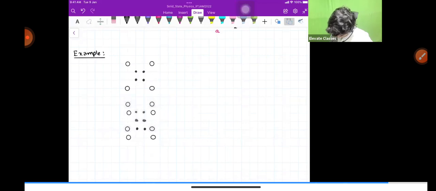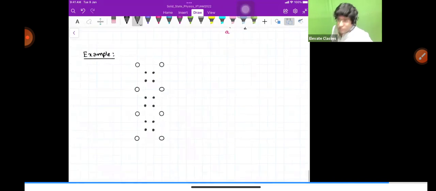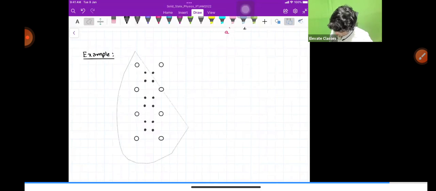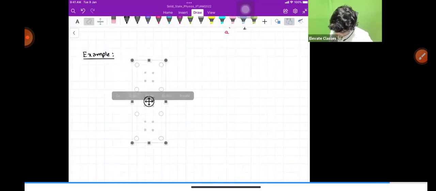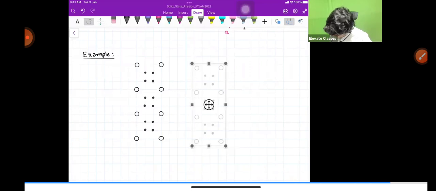All right, so we have this structure, and then this is the structure we have, and then this is repeated on this side.